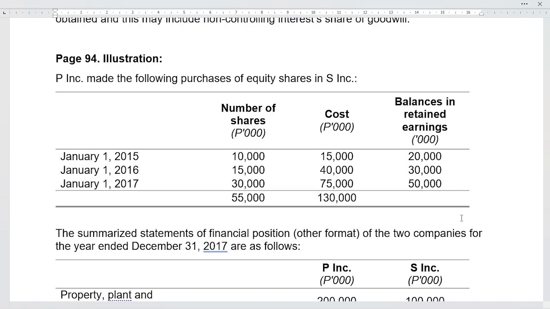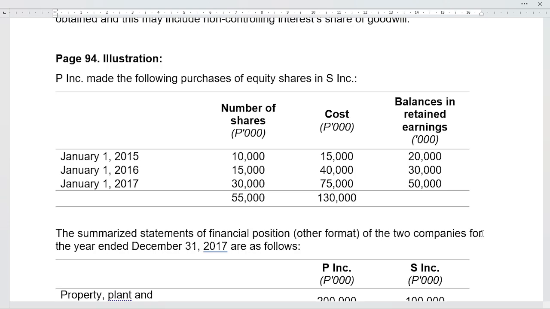Okay. Noong January 1, 2017, ang retained earnings mo ay 50,000, samantalang a year earlier, 30,000 lang. Magkano ang difference? 20,000. So yung 20,000 na yun, ang net income as of December 31, 2016, for the year from January 1, 2016 to December 31, 2016.